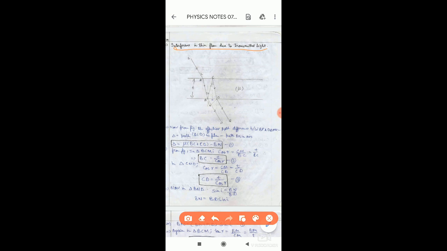As shown in the figure, a monochromatic ray SA is incident on the upper surface of a thin film of uniform thickness t and refractive index mu.